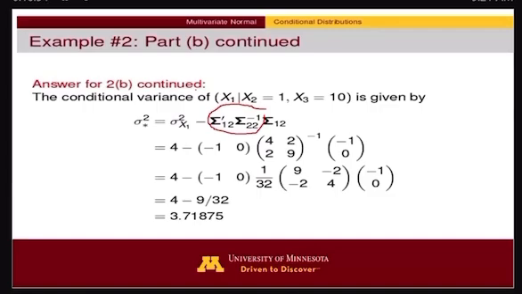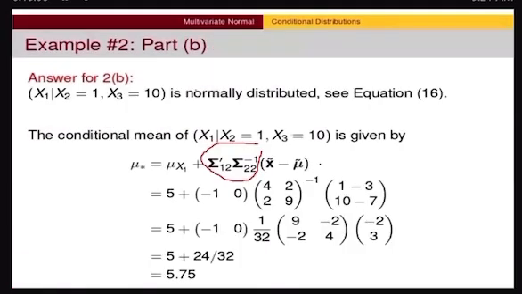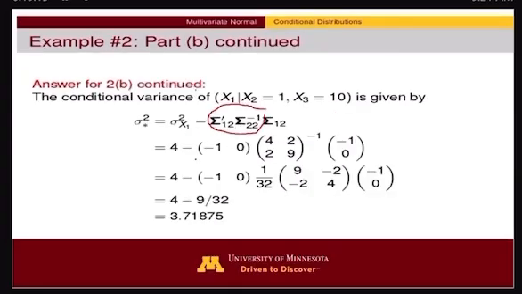Okay. The third one is what is different, sigma 1,2, because in the case of the mean formula, it was the difference between that. Please pay attention. If the first term here is the unconditional mean for x1, then here is going to be the unconditional variance for x1. Can you see that? Okay.